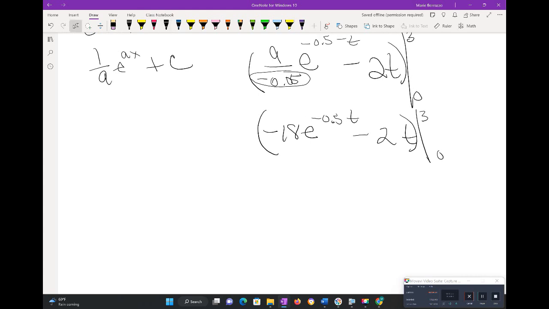And reducing this, if I substitute in the value, I'll end up with negative 18 e to the negative 1.5 minus 6, basically substituting in the 3, minus, and now we're substituting in the 0, you get minus 18e to the 0 minus 0.